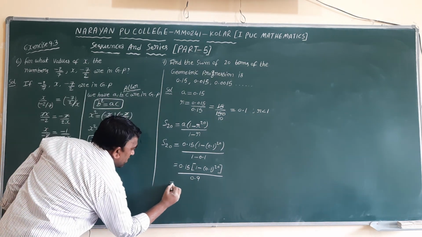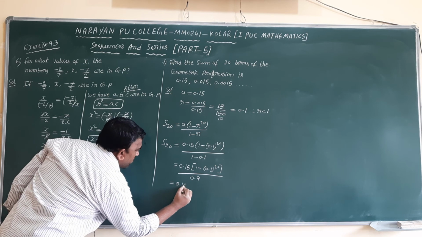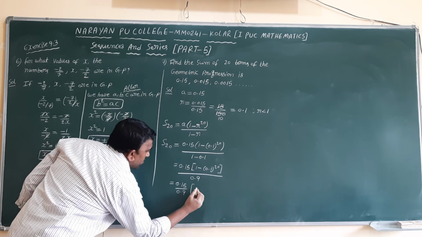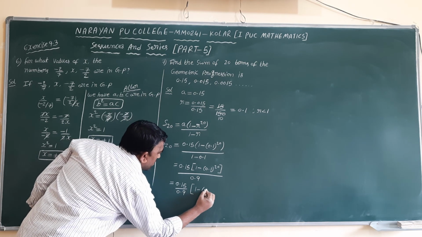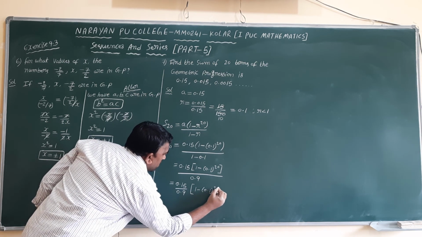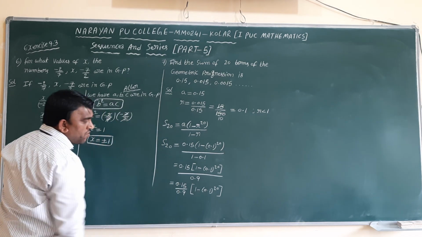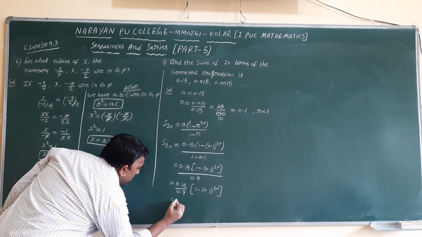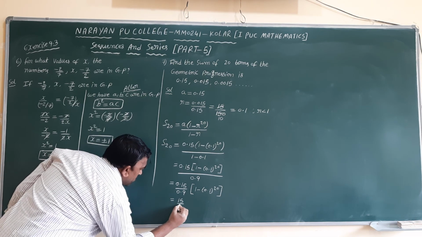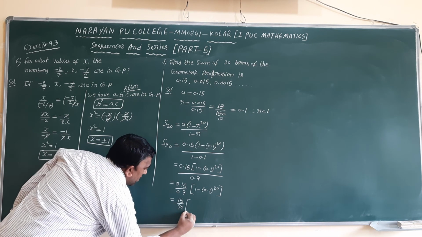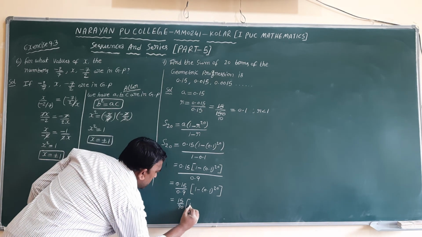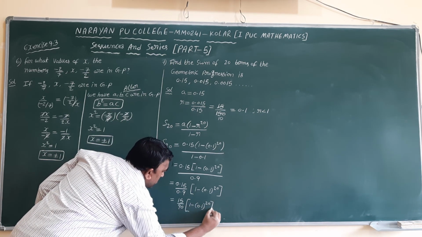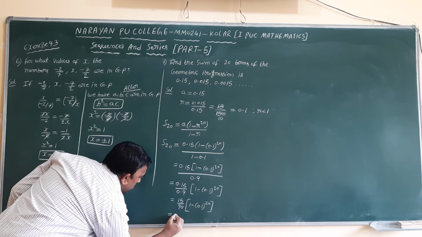So this we can write 0.15 divided by 0.9 into 1 minus 0.1 whole power 20. If you want to remove the decimal, multiply with 100, we get 15 by 90.